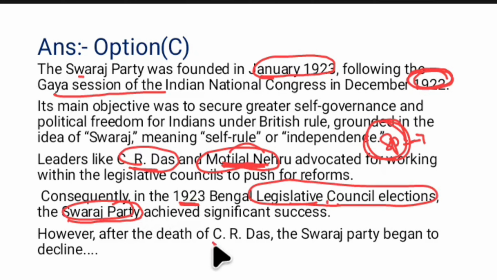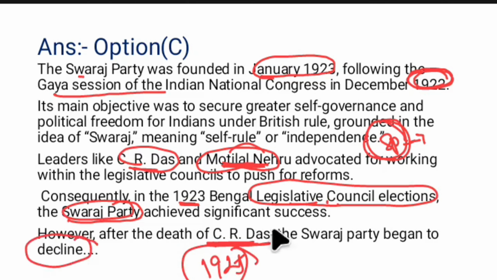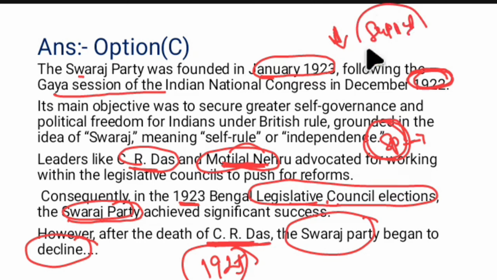After C.R. Das's death in the year 1925, the Swaraj Party began to decline. Gandhiji, on his return, supported the council entry because of the significant work performed by these leaders, although he did not support it during his arrest.